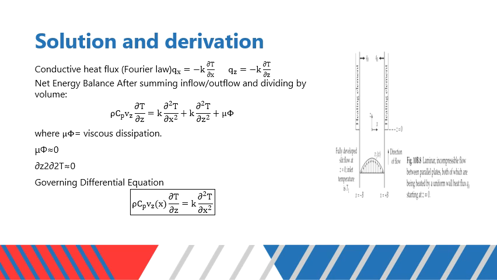So therefore mu phi is equal to 0, and d2T by dz square is also equal to 0. After that, the equation will be rho Cp Vz dT/dz is equal to k d2T/dx square.